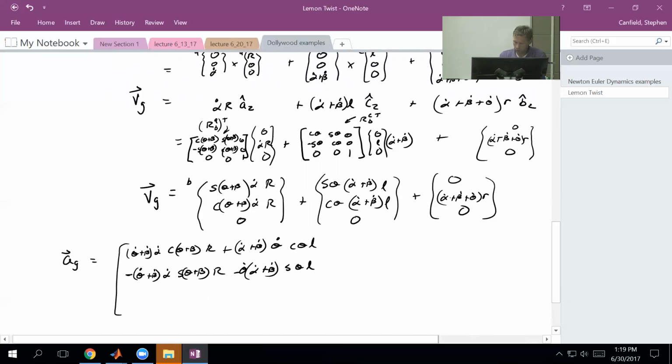And then this term, those are constants, so I get theta double dot r, and then finally 0.